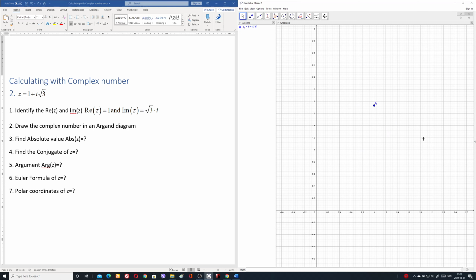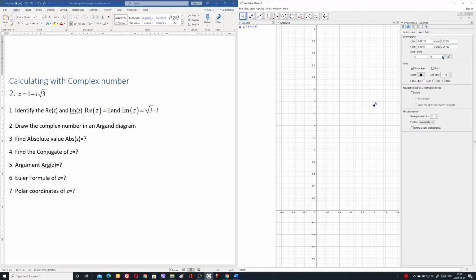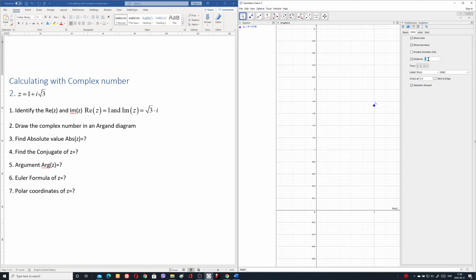This is the complex plane. Let us now change the axes of this complex plane first. We go to the graphics, and after that we take the x-axis. We put the label here, the real part of this complex number, z. And after that we should take the distances here. I will put 1.